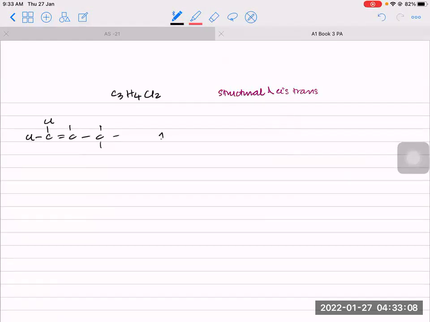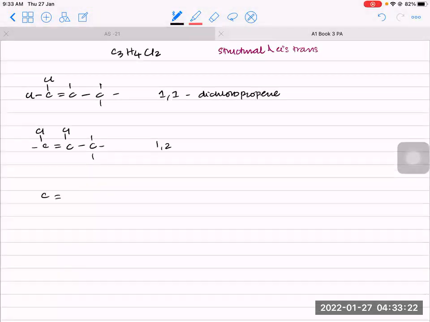This is called what? 1,1-dichloropropene. Then you can have 1,2-dichloropropene. Then you can have 1,3-dichloropropene.